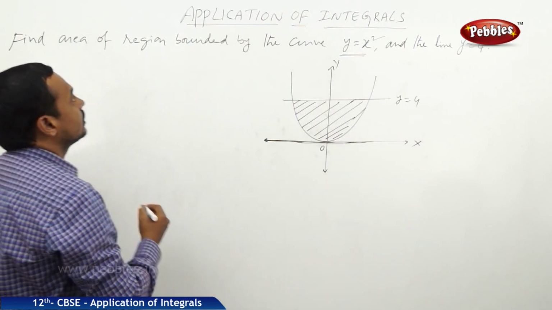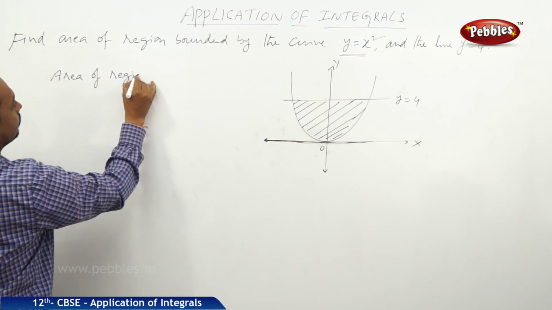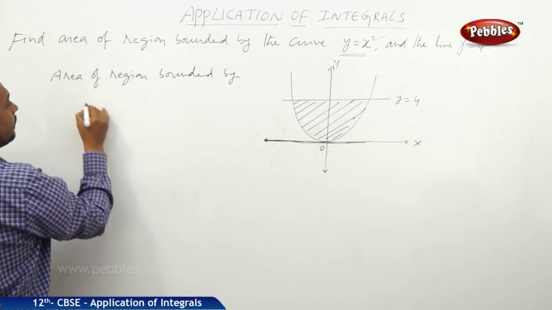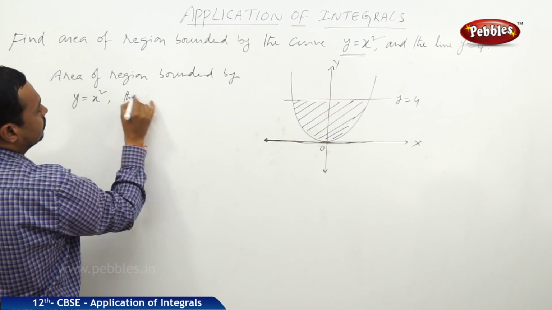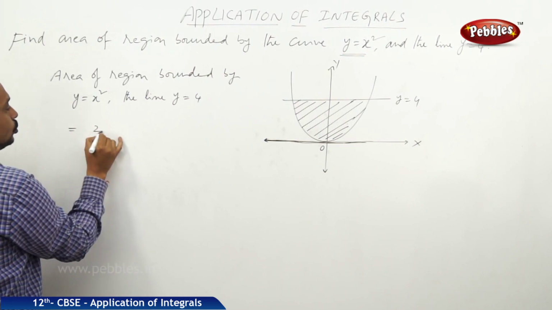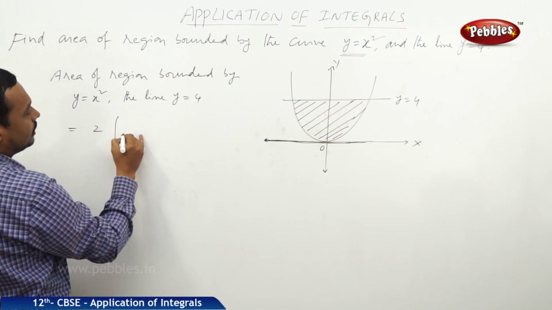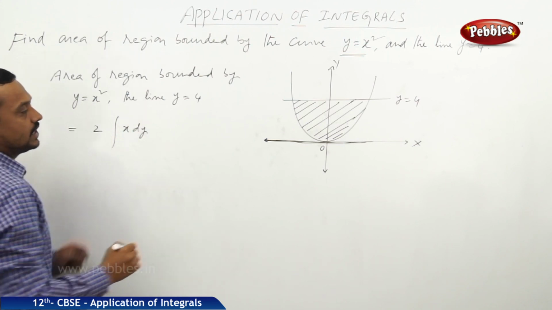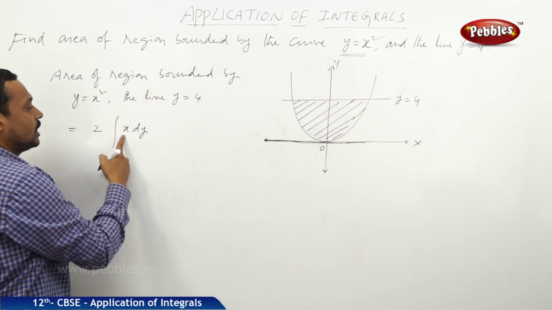So the area of the region bounded by the parabola y = x² and the line y = 4 is 2 times the integral of x dy, since it is symmetric about the y-axis. So 2 into integral of x dy.